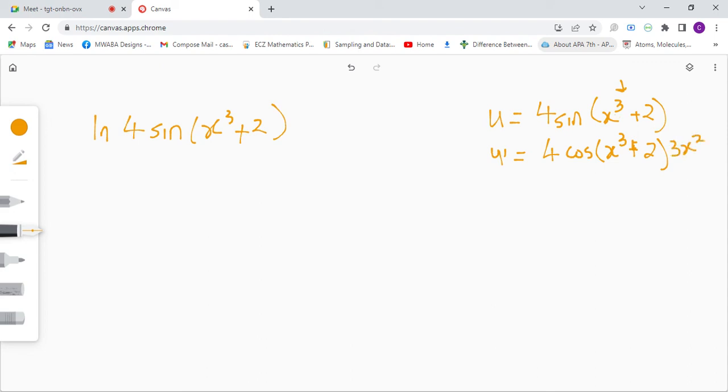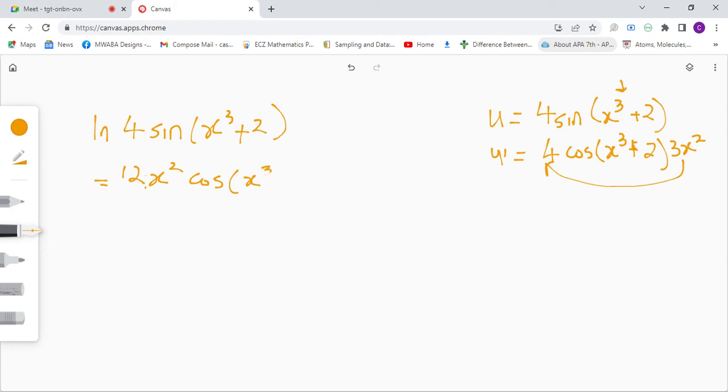The derivative of 2 is 0, so it disappears. So we multiply these two: 3x squared times 4 will get 12x squared.